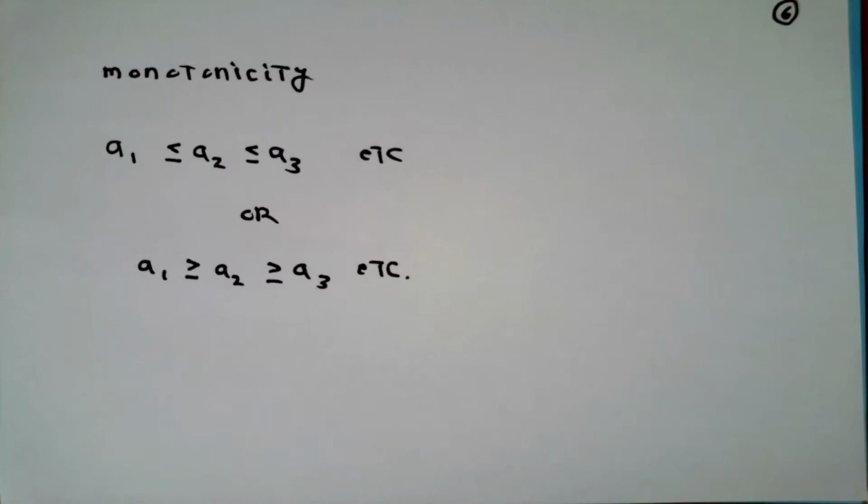Or A1 bigger than or equal to A2, bigger than or equal to A3, and so on, in which case the individual A numbers are either staying the same or getting smaller as you increase the index.